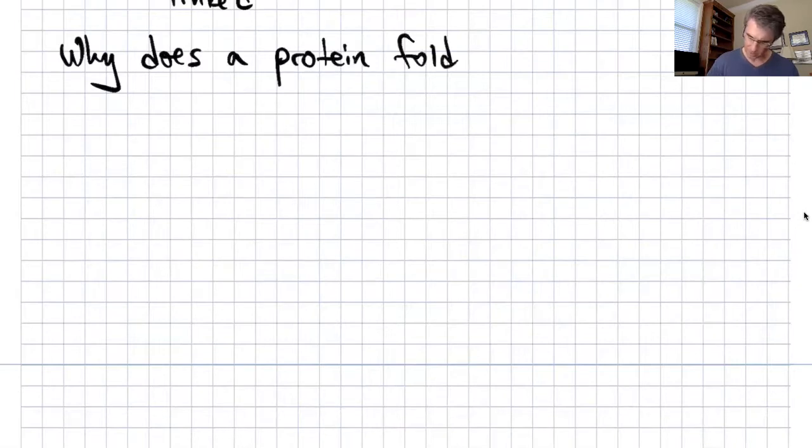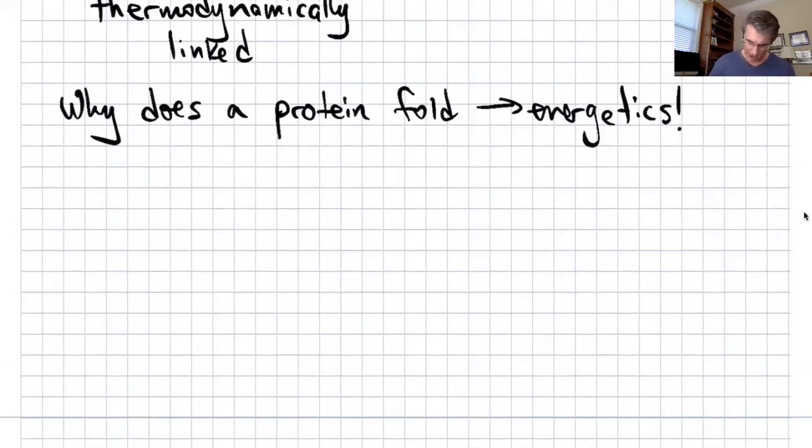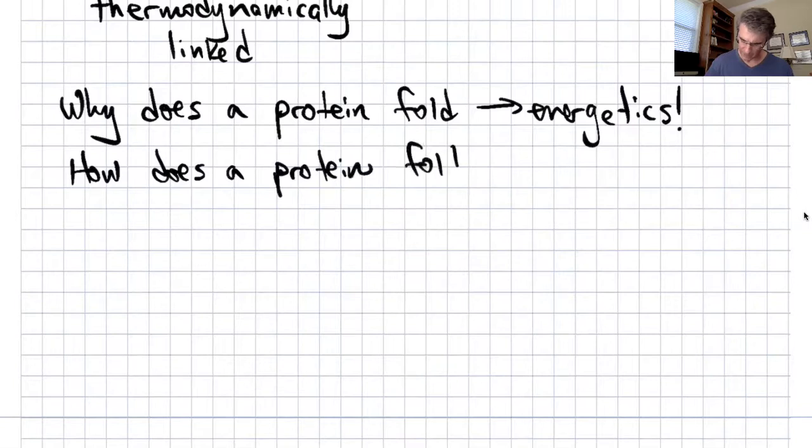Well, we know it's because of the energetics. We sort of covered that. But now the question we're coming to is, how does a protein fold? And that's really, in some ways, the topic for discussion today.